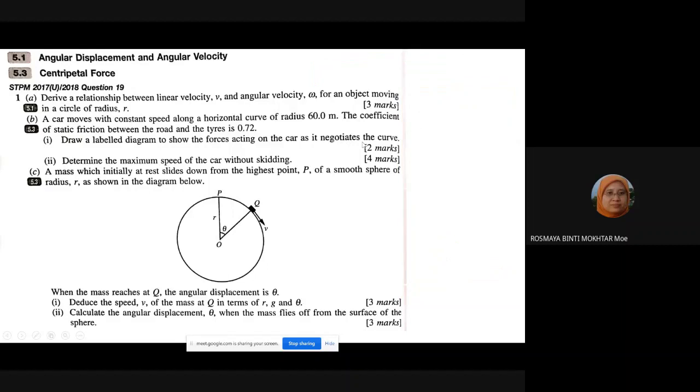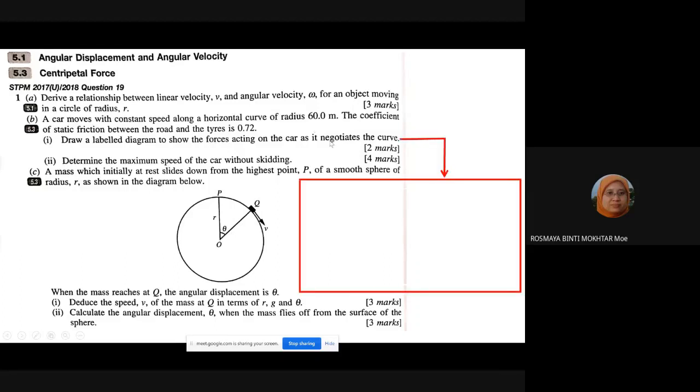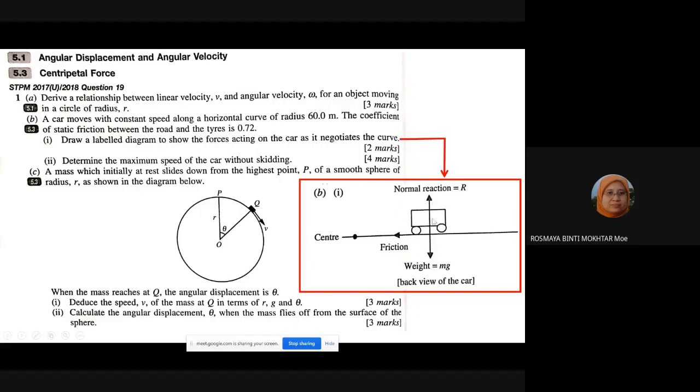So that means this is a horizontal curve, so this is a circular motion. Let's say this is the car and the car moves in a circular motion horizontally. Where the center is here. I didn't draw the horizontal circle, only the center of the circle.